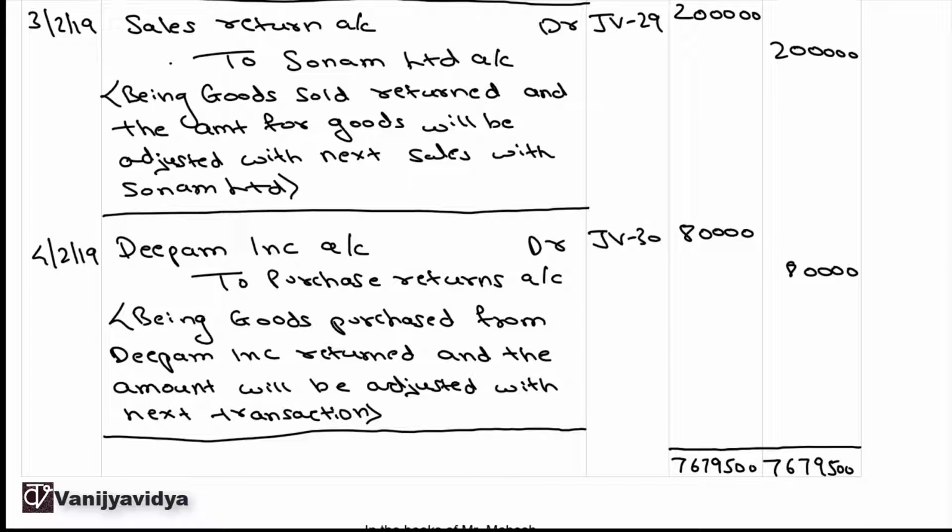In the computerized accounting system, you can actually give the date range and find out what is the balance and what are the transactions in that particular date range in a specific ledger account. Now let's close all the ledger accounts once again on 4th Feb 2019 and find out what is the closing balance as on 4th Feb 2019. So let's begin.